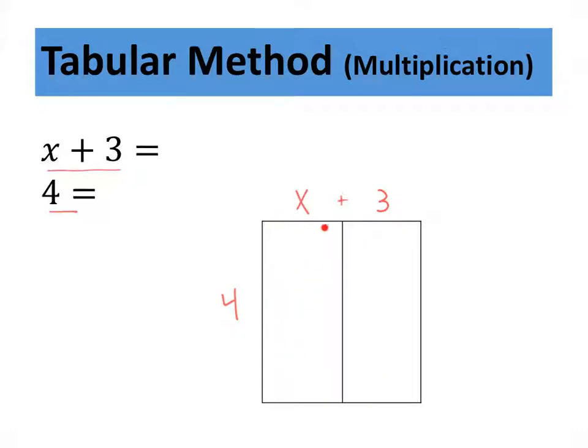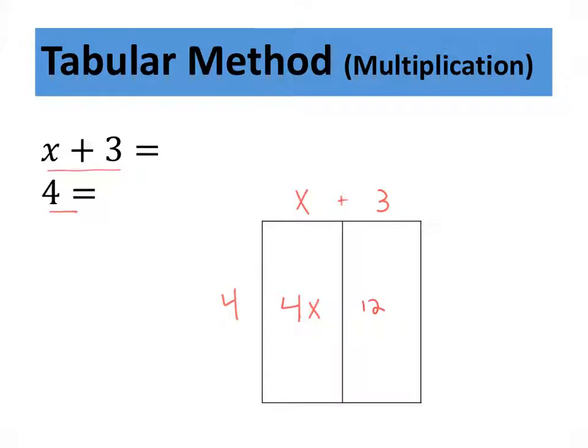So this side length is x, and this side length is 4. All together, the total area is 4 times x, because we're thinking about it as a really small rectangle. And if this side has length 3 and this side has length 4, this right here would be 3 times 4 is 12.